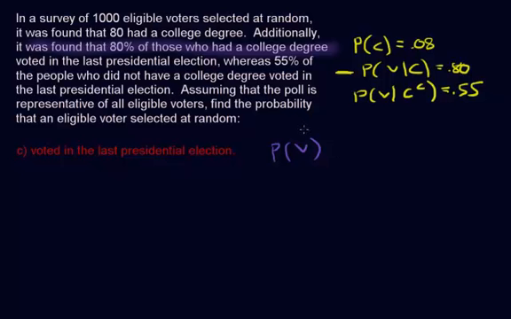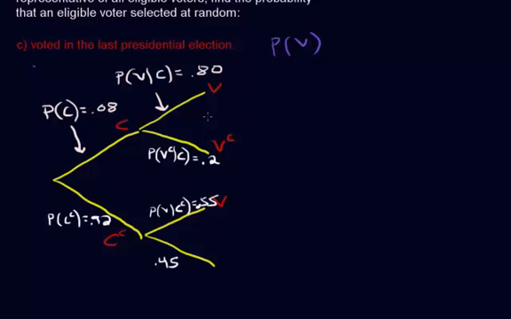Notice that the voted part is on the second set of branches. That's okay. But if I want to know the probability that you voted, I have to figure out all of the branches that count. So which ones count?